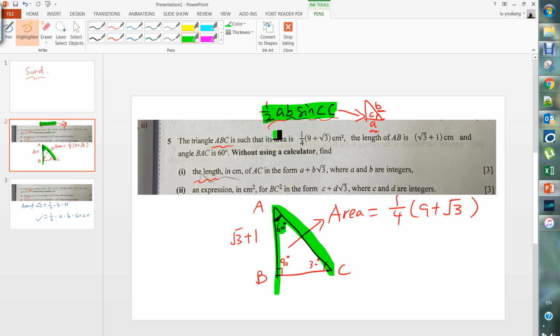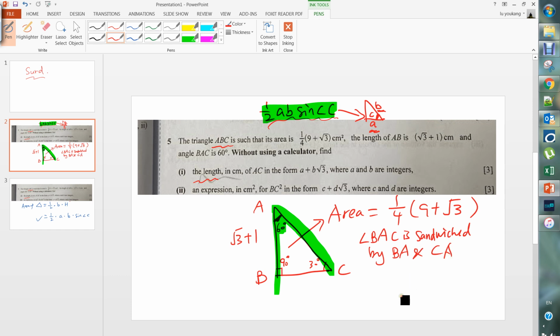The formula says if I want to use it, the angle C must be sandwiched by side A and side B. In this case, this angle BAC of 60 is sandwiched by BA and CA, right?